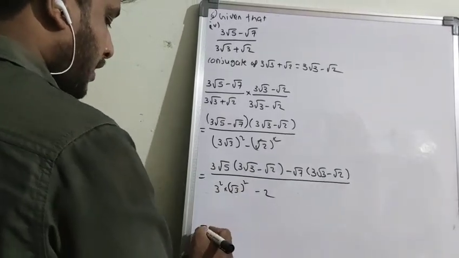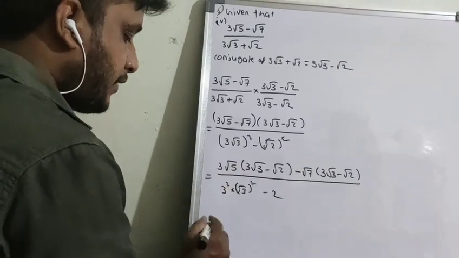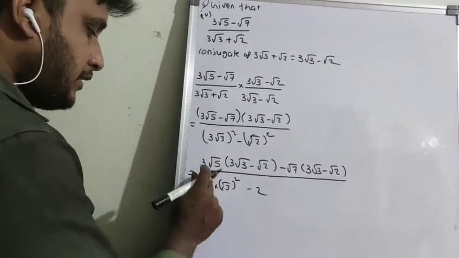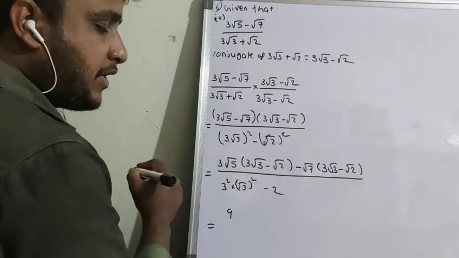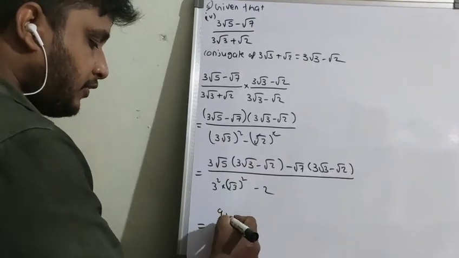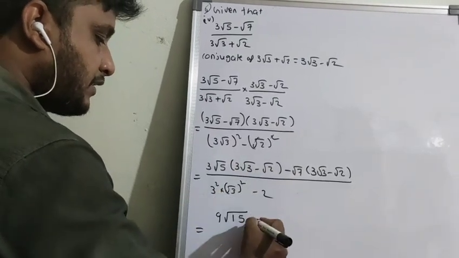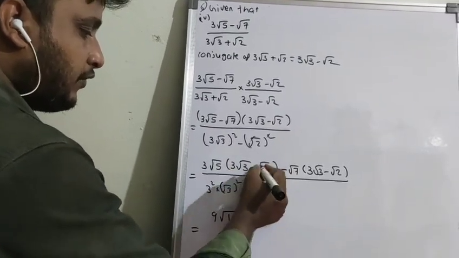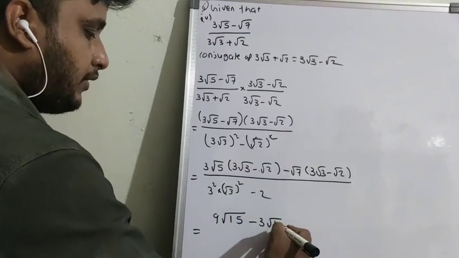Now multiply. How to multiply in this type of surd? Simple thing: the coefficients you have to multiply. Plus into plus is plus. Coefficients 3 into 3 is 9, and root 5 and root 3 in the same order you can multiply. Root 5 into root 3 is root 15. Next plus into minus is minus: 3 into 1 is 3 only, root 5 into root 2 is root 10.